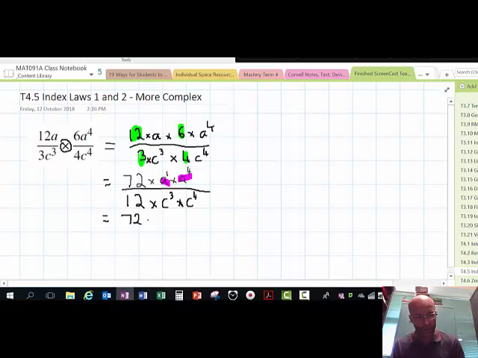So on the top we've got 72 times a to the power of 5. On the bottom we've got 12, and again we have c terms, index law number 1, c to the 3 plus 4 is c to the 7.